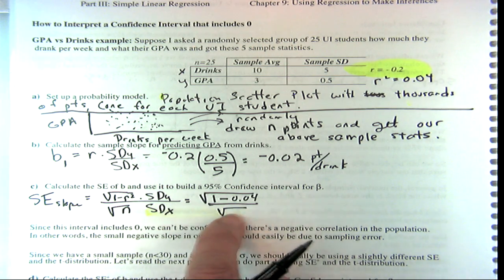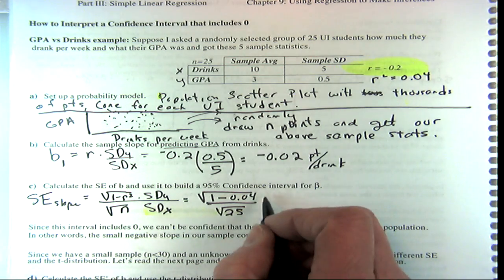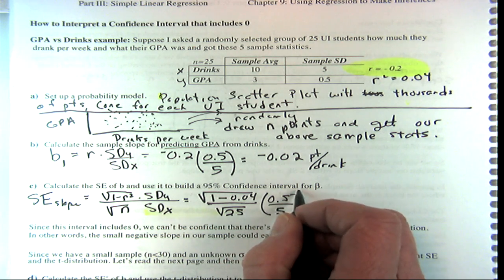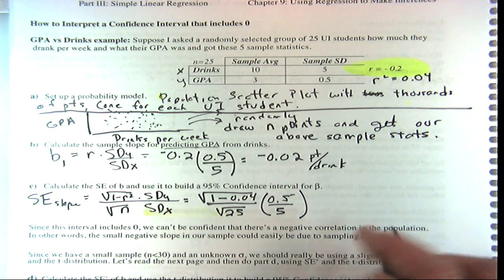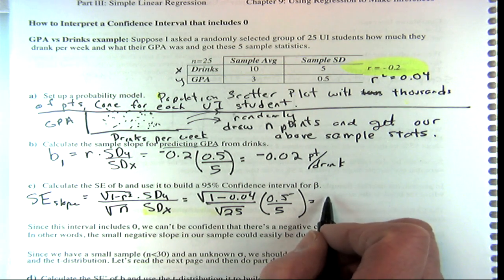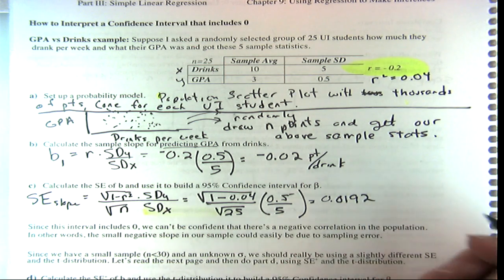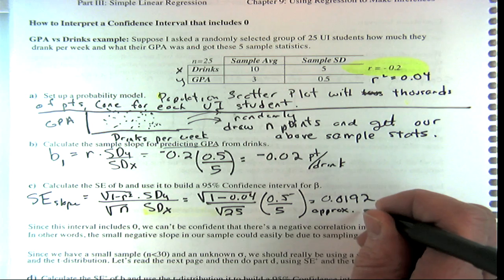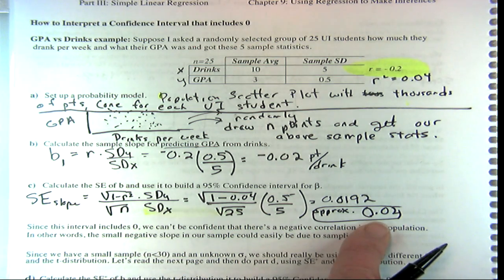That will never enter into these formulas. So that's divided by 25, over 0.5 over 5. And you can see that's points per drink. And I got 0.0196. We'll approximate it with 0.02. It's just easier to work with.